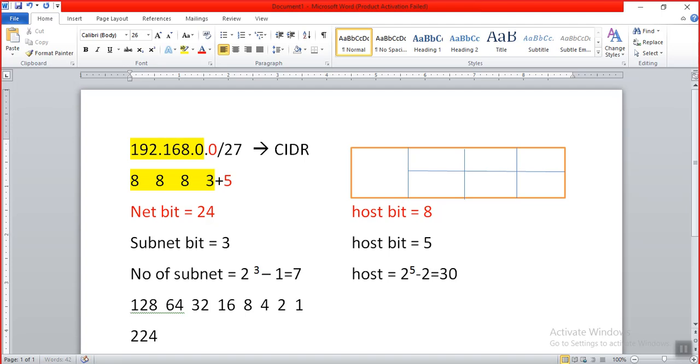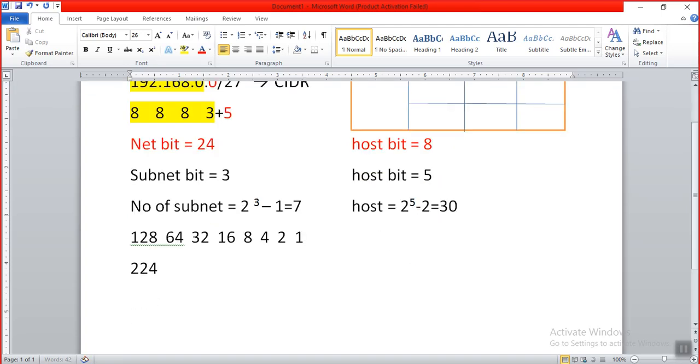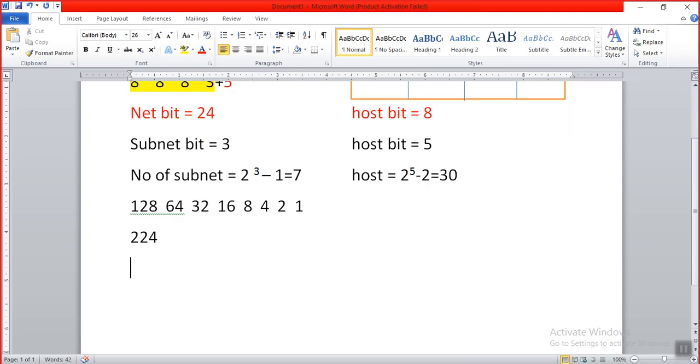The 3-bit value is 224. Actually, our requirement is the magic number, or sometimes it is known as block value. So magic number equals 256 minus this 224 equals 32. So 32 is my magic number, and 7 subnets are possible.